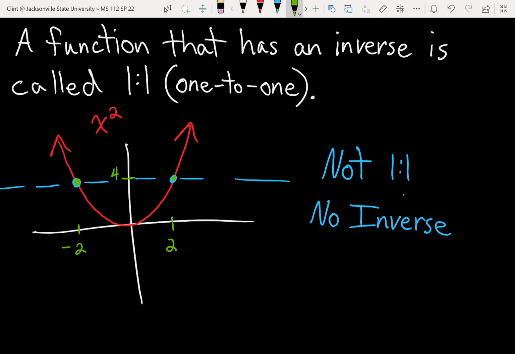So the problem is, if we had an inverse function and we start with the y value of 4, where does it go? Does it go to -2 or does it go to 2? It can't go to both, because then it would not be a function. That's why the horizontal line test works. So anytime you have a graph where both ends go up or both ends go down, pretty much it's going to fail the horizontal line test.